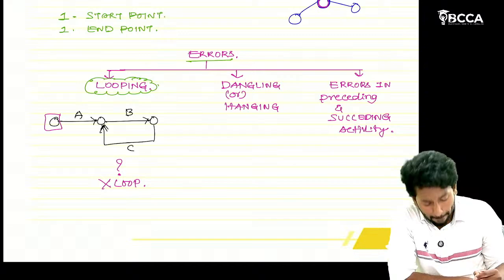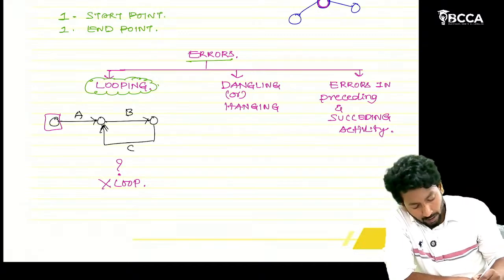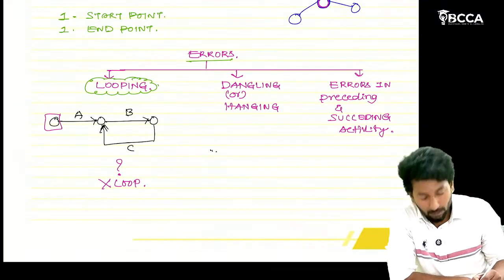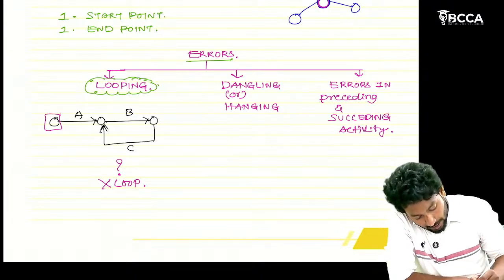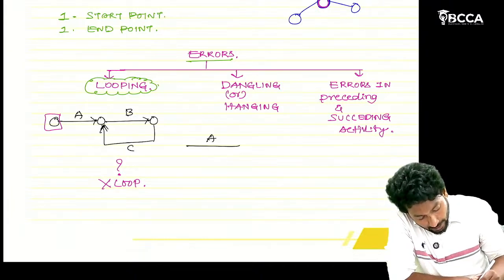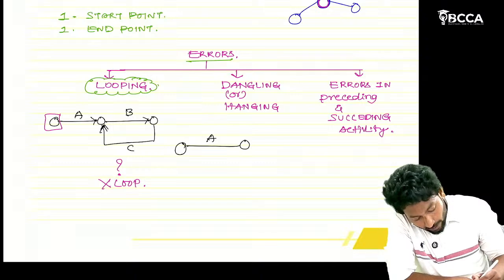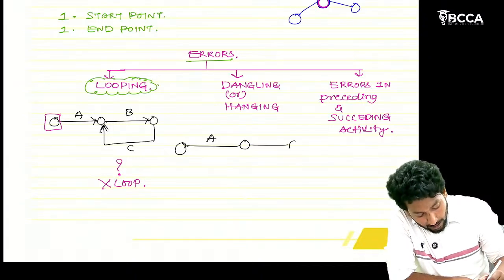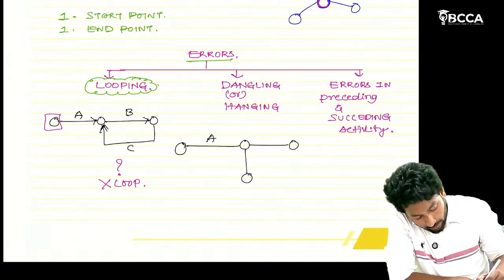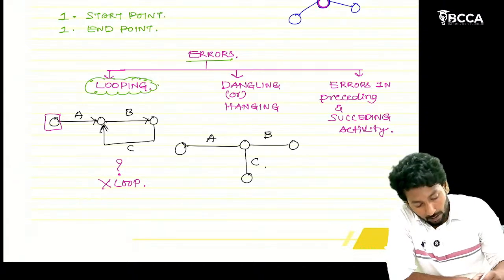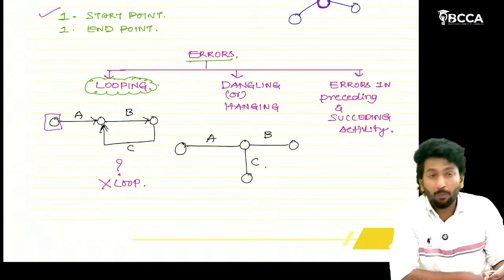Next one, dangling or hanging error. Let's say for example, an activity A is there. After activity A ends, B can start as well as C can start. We have discussed a condition like one start point and one end point.